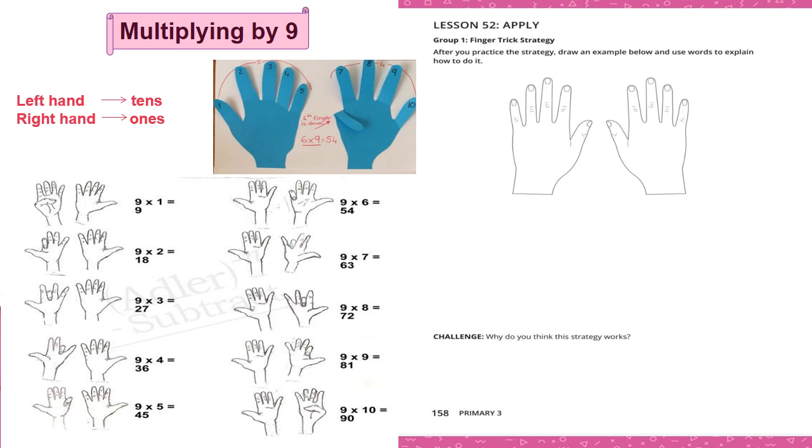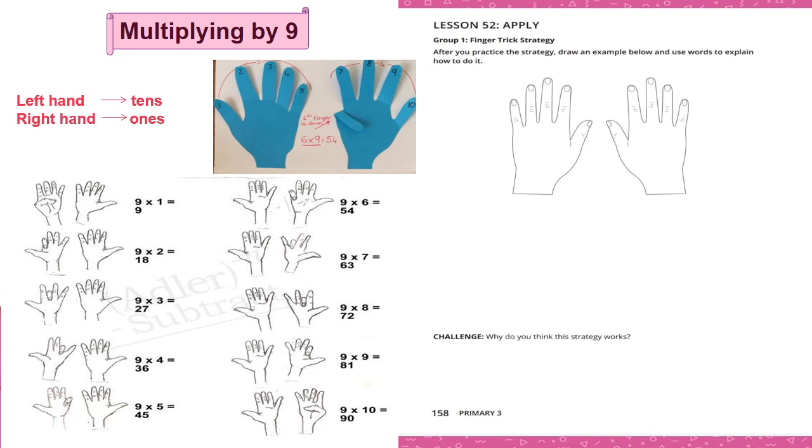Let's practice more to get another result. Starting from 9 times 1. Look at the other number, it is 1. The first step, look at the other number. The second step, bend down this number on your fingers. Bend down finger number 1. Do you have fingers on the left side?